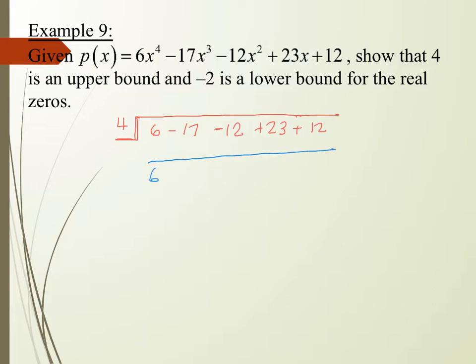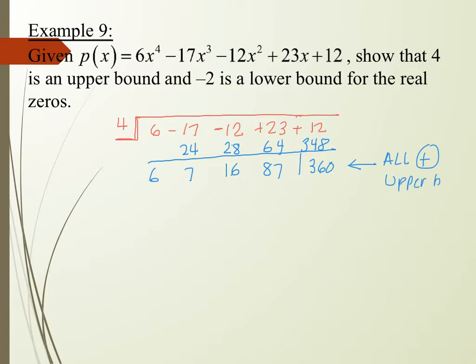We bring down the 6, we get a 24, we get a 7, we get a 28, we get a 16, that's 64, and then when we add we get an 87. And 4 times 87 is 348, and when we add, we get a 360. Notice that all of these are positive, which means that this is an upper bound.